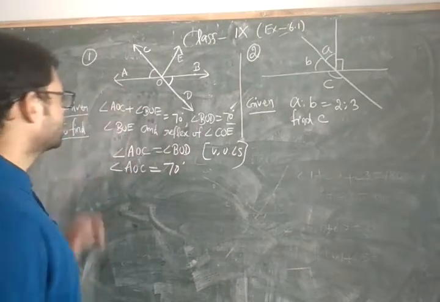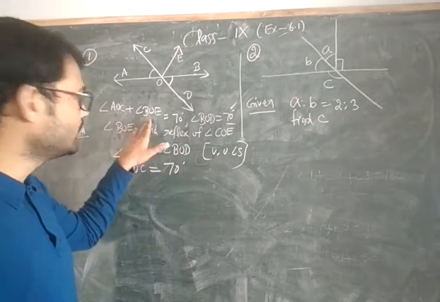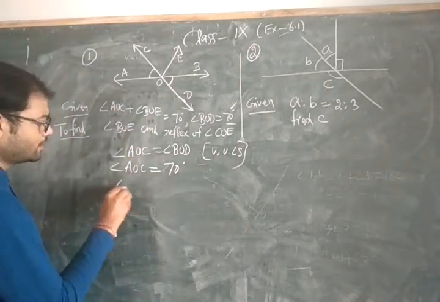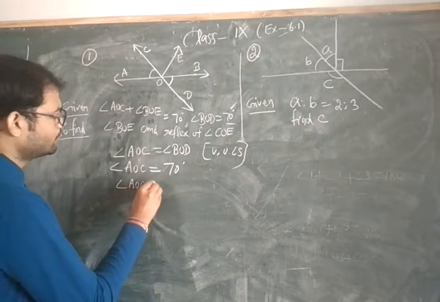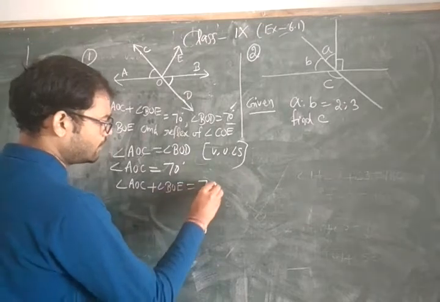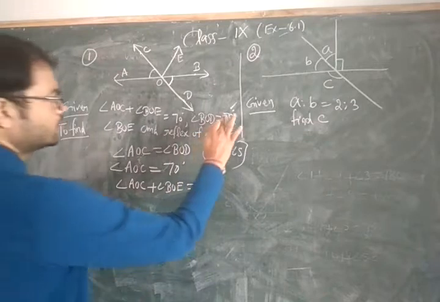Now we have to find BOE, and you can see easily that the sum of AOC and BOE is already given in the question. So I can write here angle AOC plus angle BOE is equal to 70. Sorry, but this AOC is your 40.